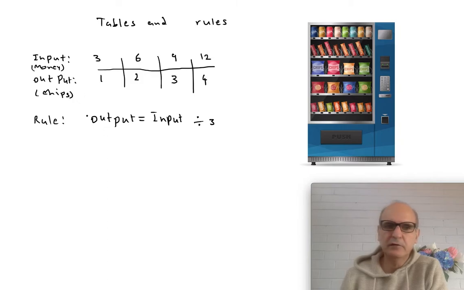And we said that output was the number of bags of chips we get, and the input was money.